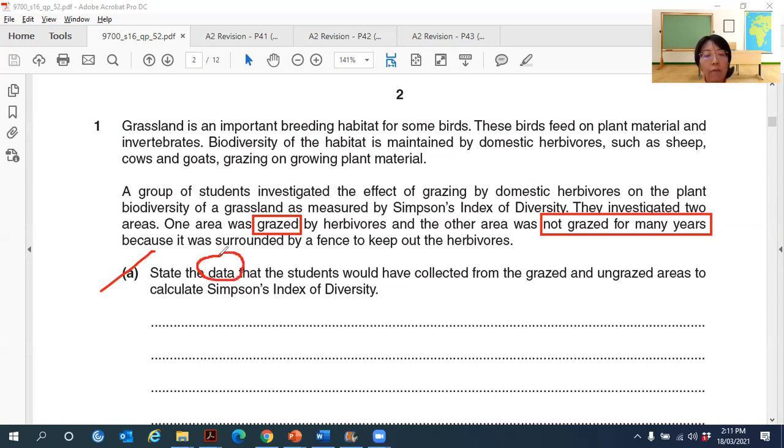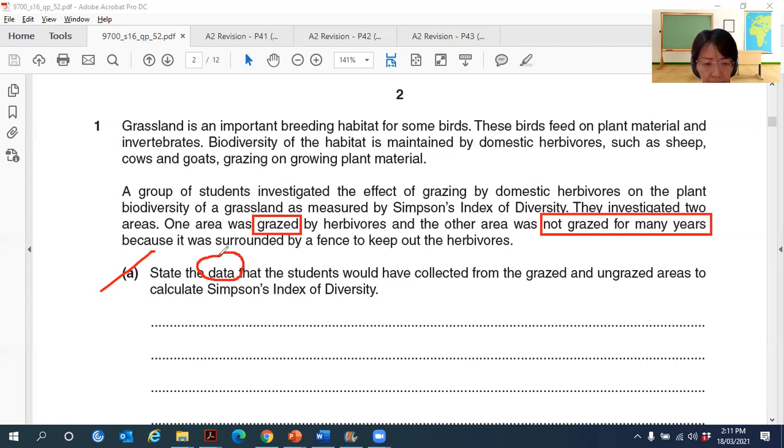Even though you do not need to memorize the formula, from the past questions I've seen, whatever formula for statistical tests like chi-square test, t-test, standard deviation, standard error, Simpson's Index of Diversity, correlation, you actually need to know the components in the formula, and they can ask you in the exam.